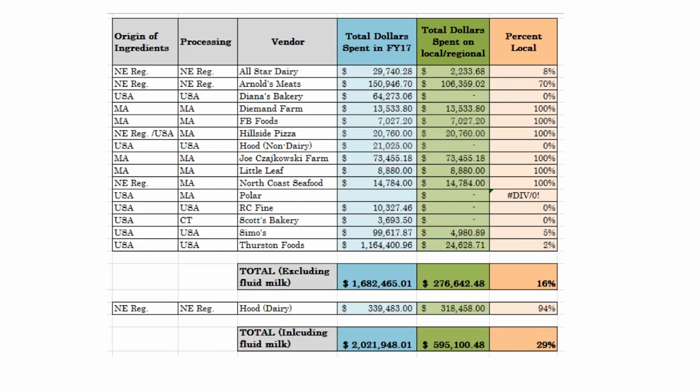So we invited Arnold's Meats to carry the product for us and deliver it to our schools. And as a result, we increased our spending with them by over $100,000 just last year. And that bumped our percent local up from basically 0 to 70% in just 1 year. So that was a really clear example of a partnership that developed really nicely over the local food economy.